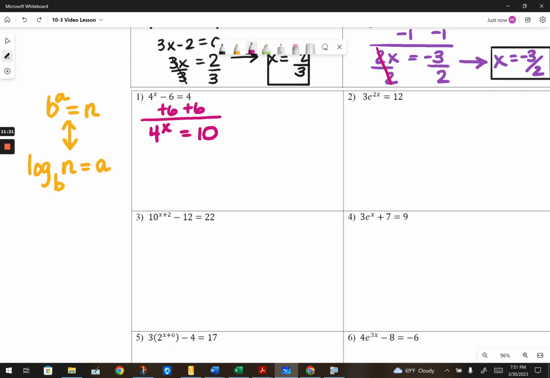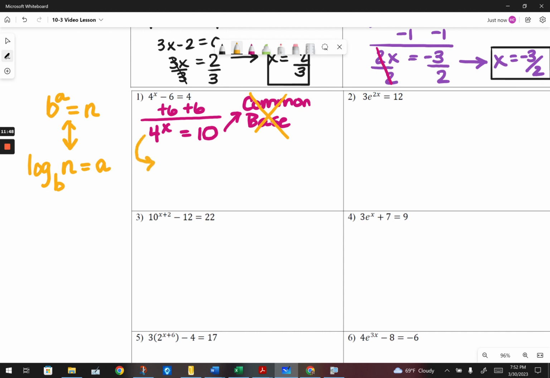It's impossible to get a common base, okay? So the common base strategy is not going to work. It's a huge fail. So what you're going to do is I need you to rewrite it in log format.